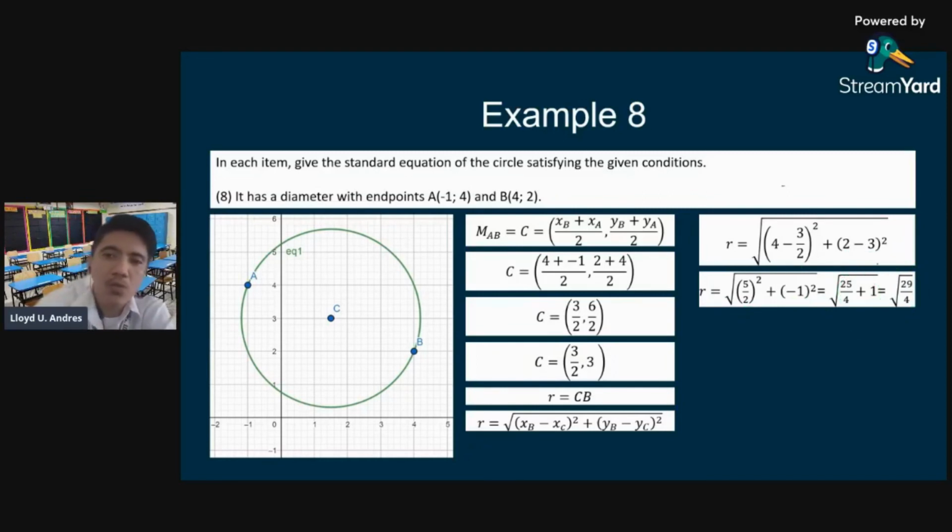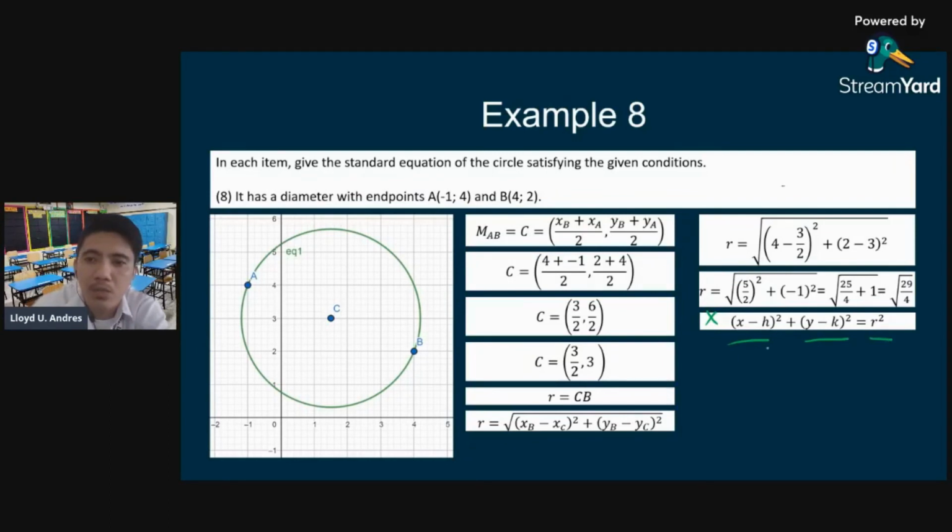So we now have the value for our radius as well as the values of h and k based on the coordinates of our center. From that, we can now use the standard equation of the circle, which is the quantity x minus h squared plus the quantity y minus k squared equals r squared.